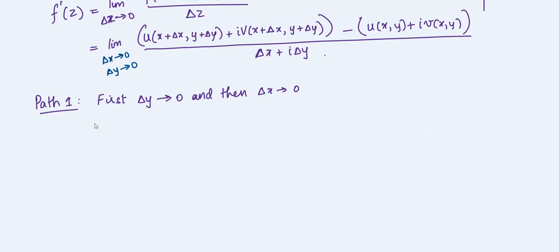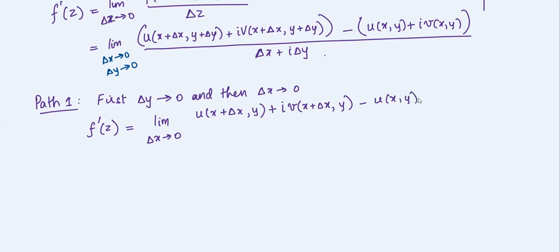If we do that, you will get f dash z. First, delta y tends to 0. We get the limit delta x tends to 0. Apply this: u of x plus delta x comma y, delta y is tending to 0, plus I times v of x plus delta x comma y, minus u of x comma y minus I v of x comma y, upon delta x.